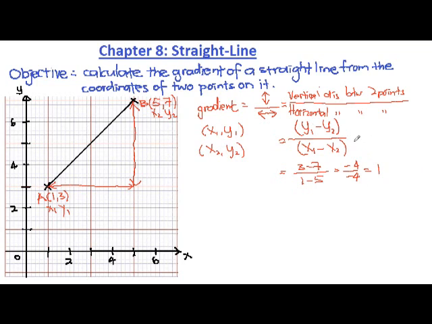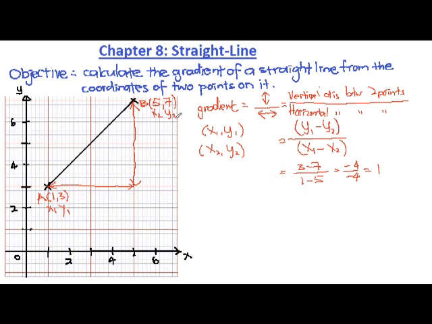In order to use this, we need to assign the coordinates we choose as x1, y1, and x2, y2. And all students have to take note that it does not matter which point we choose to be our x1 and y1, and x2 and y2, because the gradient will be the same.